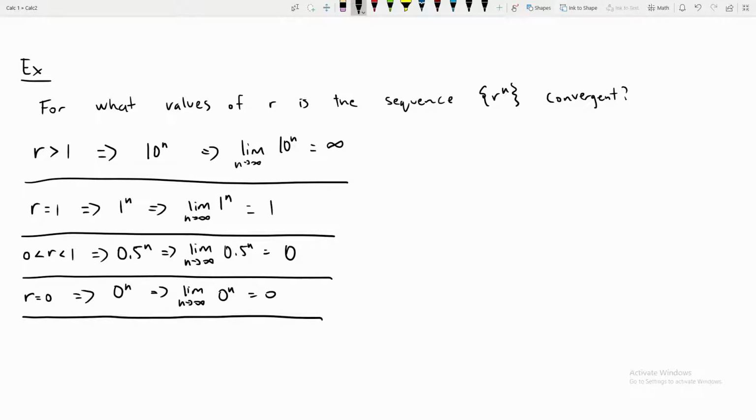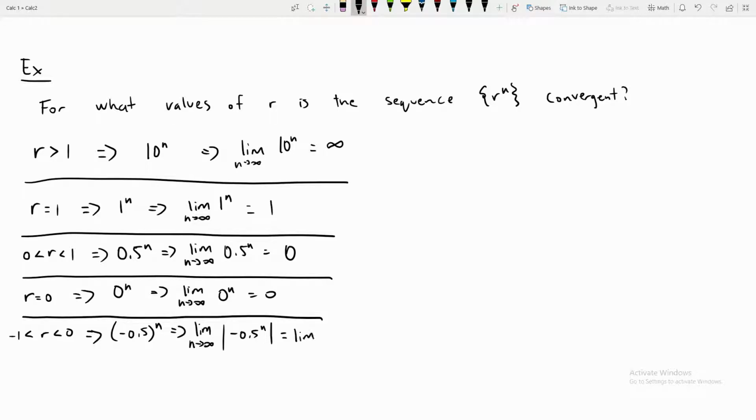Now moving on to the negative numbers, what if r was between -1 and 0? Well, then we would have something like (-0.5) to the n. And now is when we can apply that little trick that we've learned about the absolute value. So we are going to take the limit as n approaches infinity of the absolute value of this sequence.